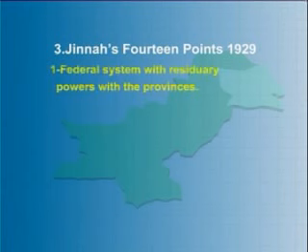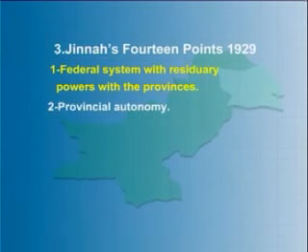The most important point, the first point, which he raises in 1929 is that India should have a federal system with residuary or remainder powers with the provinces. The second point which he makes is that provinces should be given provincial autonomy.